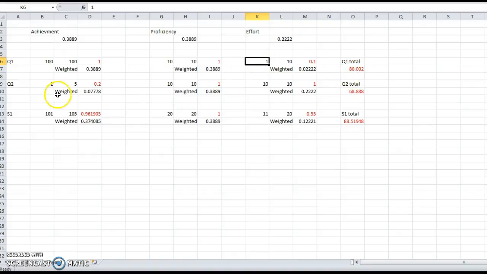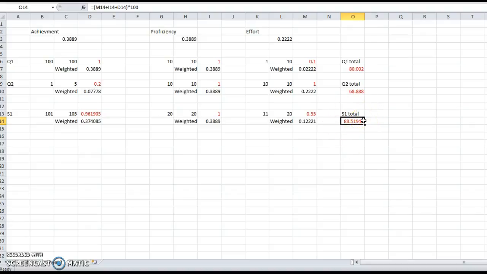Their low number for their quarter two grade is in achievement, and that's making their quarter two score low. But the semester grade is higher than both of those. We have an 80 for quarter one, a 68 for quarter two, but the semester grade is an 88.